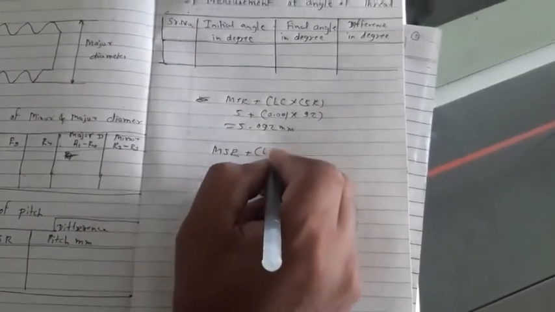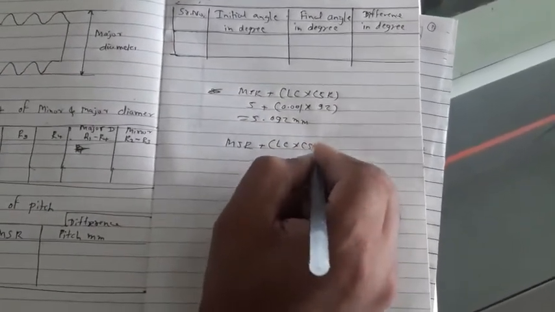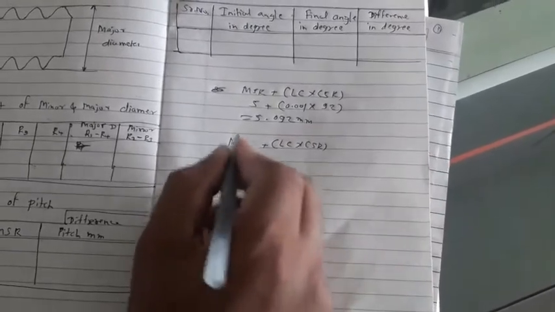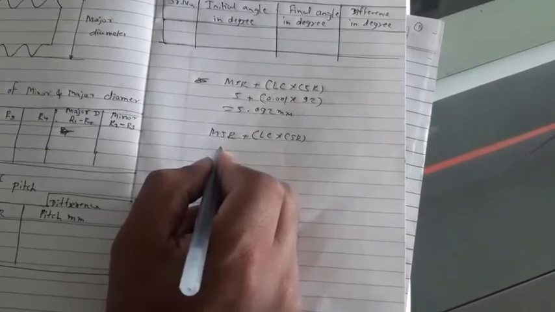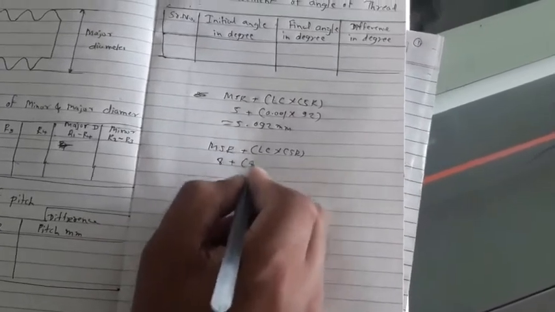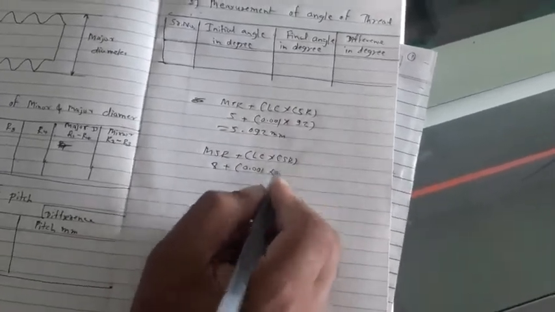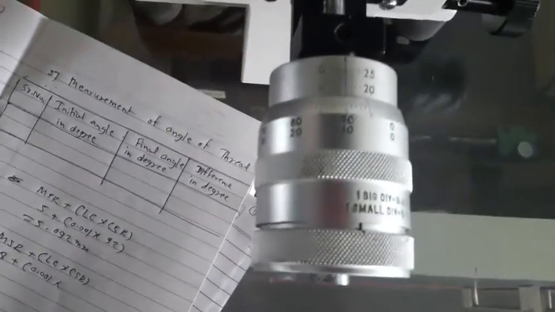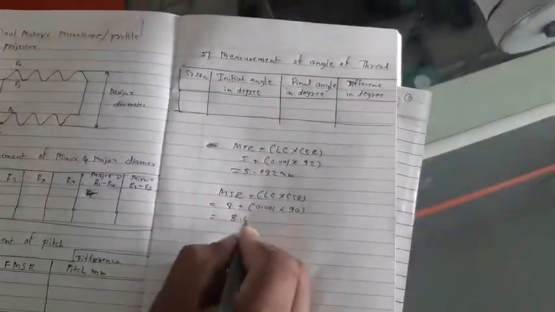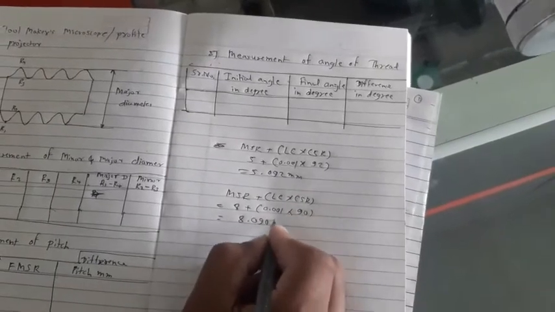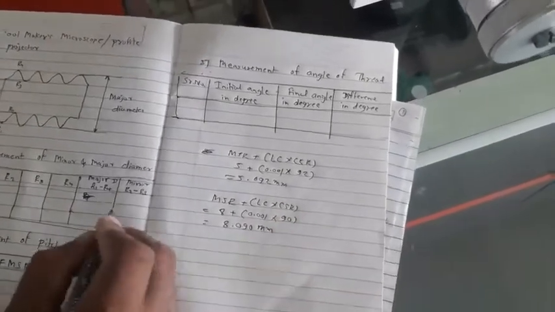Main scale reading plus LC into CSR. Main scale reading is 8, plus LC 0.001 into circular scale reading, which is 90. So we got the answer 8.090 mm.